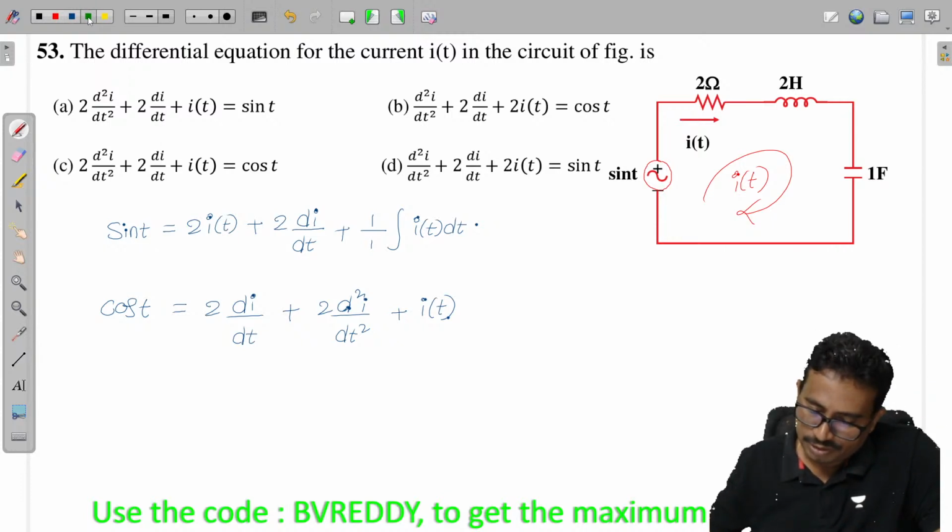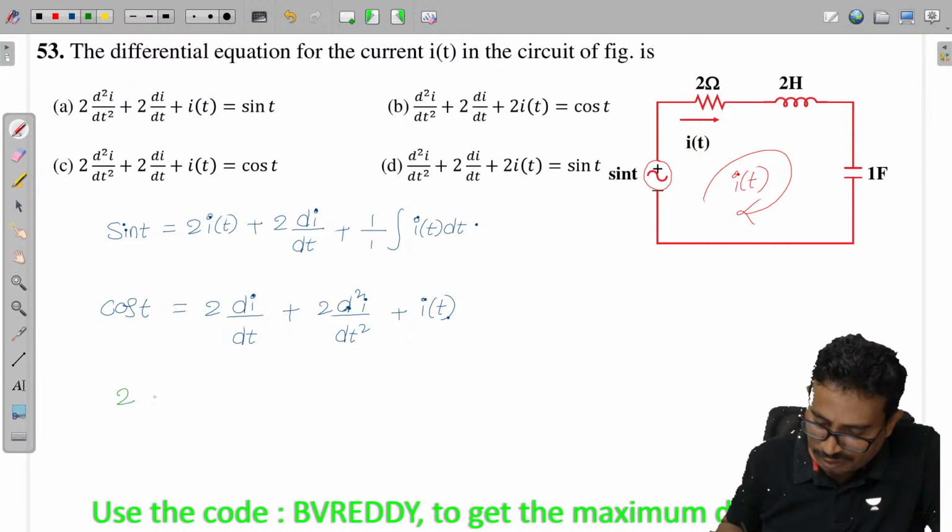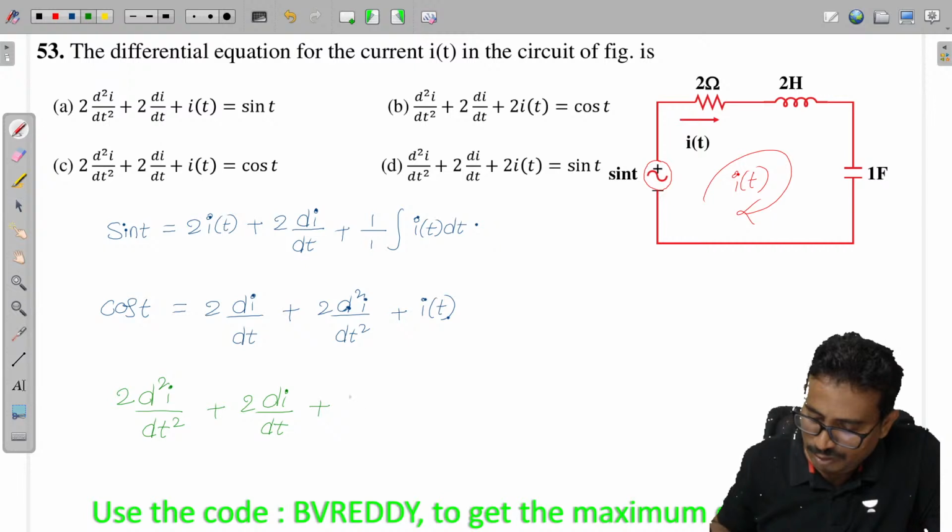So finally, 2 into d square I by dt square plus 2 into di by dt plus I of t is equal to cos t.